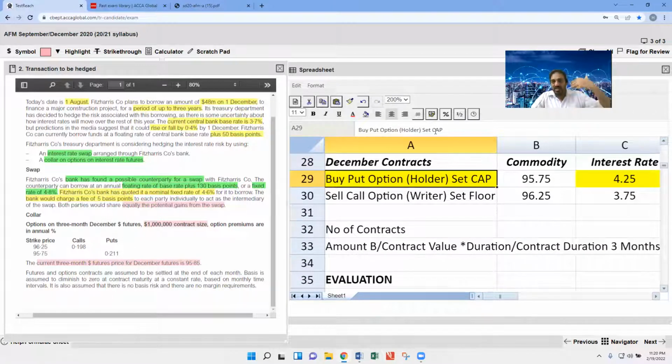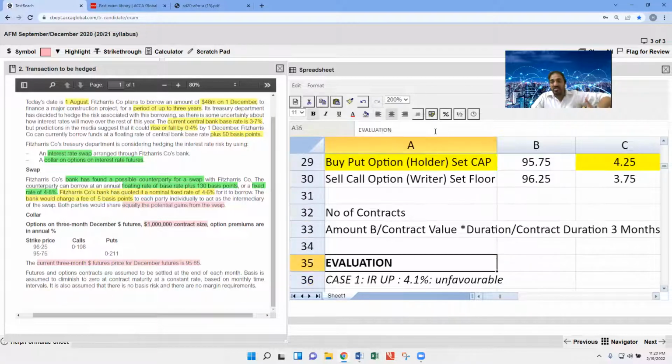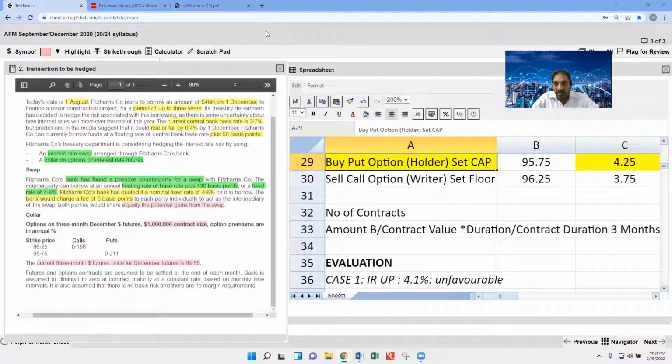As a borrower, if interest rate increases, that means the situation is unfavorable. So an unfavorable situation means either we will exercise and get the gain, or it lapses. We will not consider this one as a writer. We will ignore it as a writer. That's a key point you have to consider.